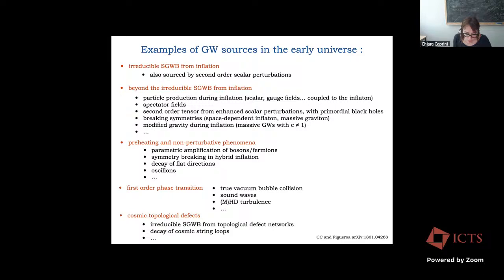In the Einstein equation, the left-hand side remains first order. The right-hand side, which is the source, is due to second order scalar perturbations. So there you have terms that are quadratic in the Bardeen potentials, at the level of the source.